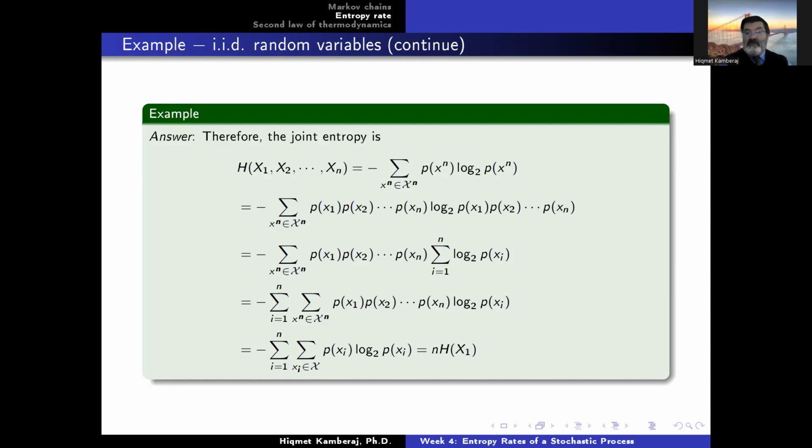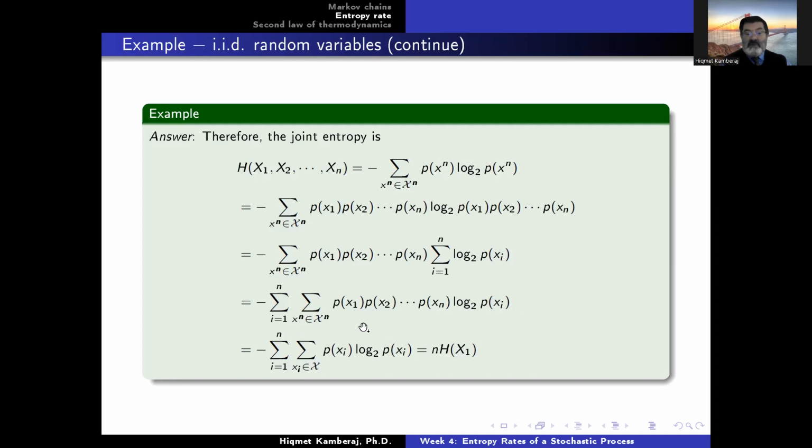Then we swap the position of the sums. On the fourth line we put first the sum for i from 1 to n, and secondly the sum over x^n from chi^n. Then we have p of x1, p of x2, up to p of xn, times log with base 2 of p of xi. Now, on this term, we can notice that the sum over all x^n from chi^n is actually n sums over x1, x2, and so on, up to xn.